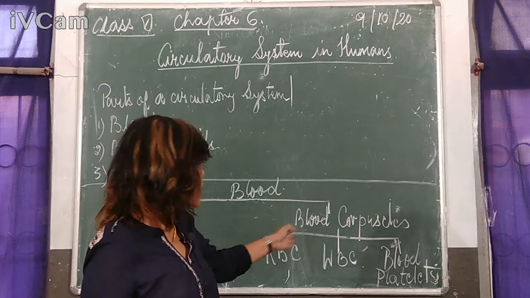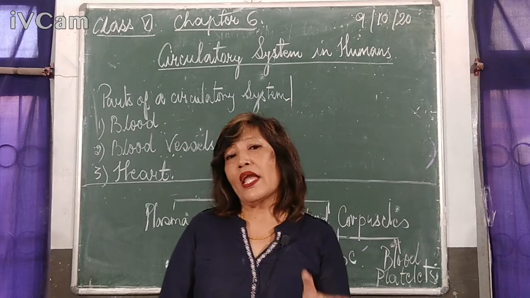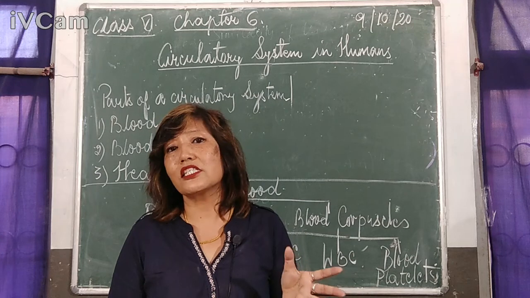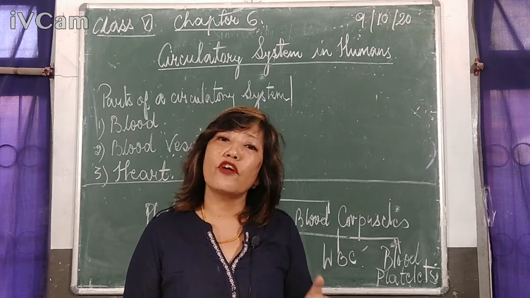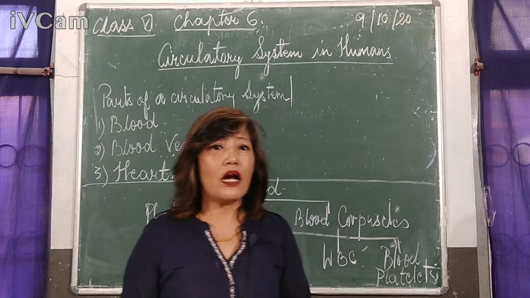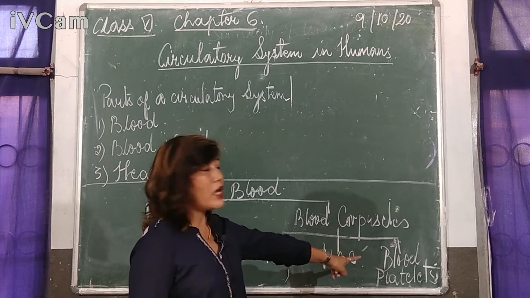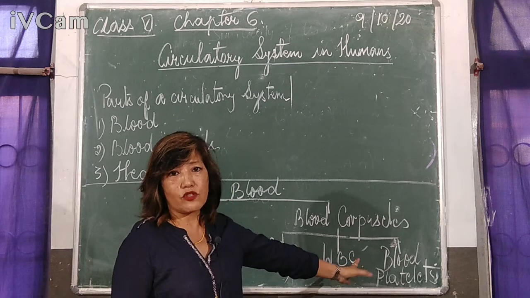So these are the three main blood cells or blood corpuscles. And these blood corpuscles constitute about 40 to 45% of blood. Right. Now we will discuss these different types of blood cells or blood corpuscles one by one.